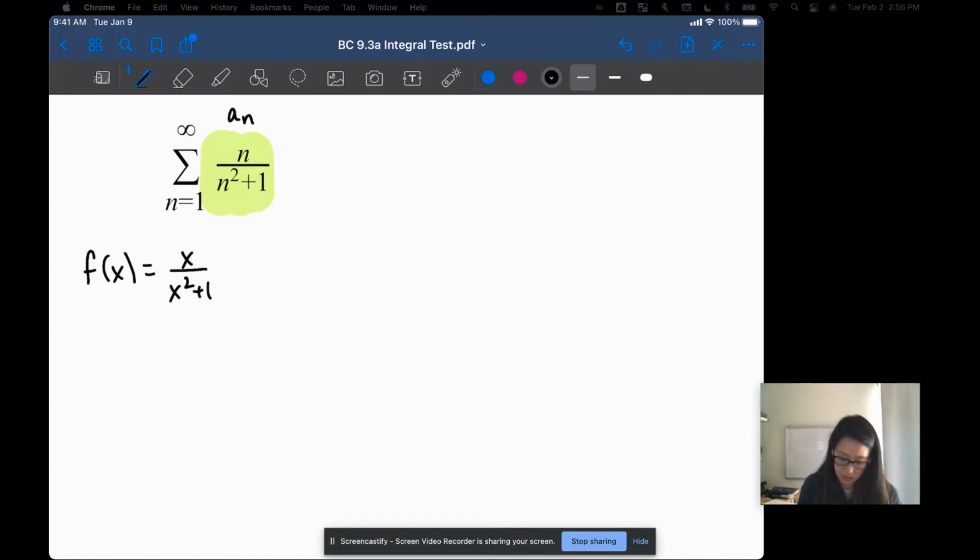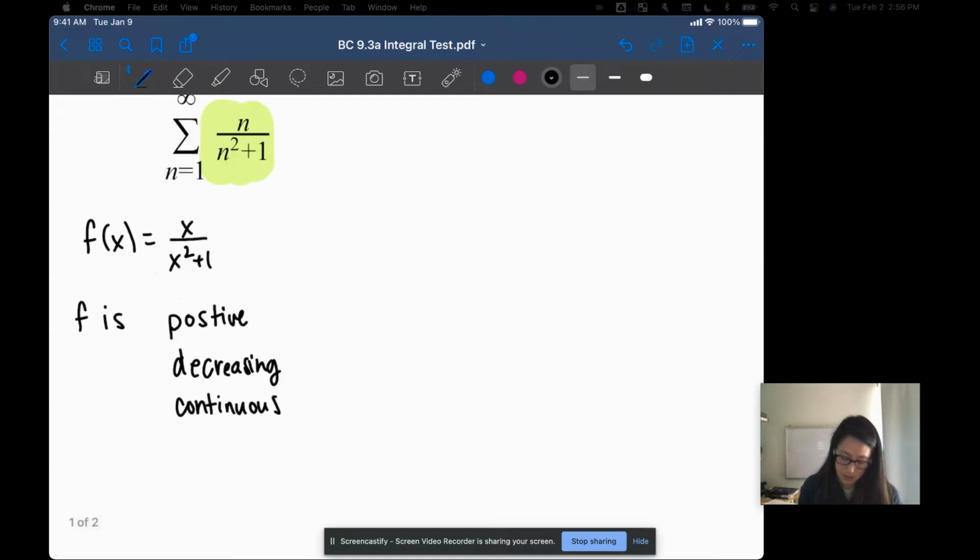So the conditions are that f is, and we're going to check, is it positive? Are the terms decreasing? And is it continuous? Okay, so I'm just going to think about what x over x squared plus 1 looks like.